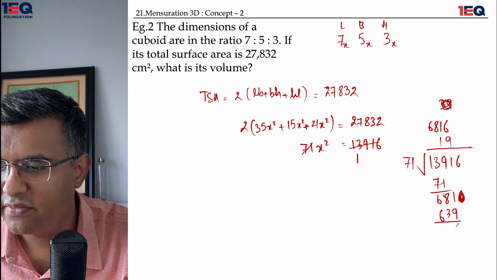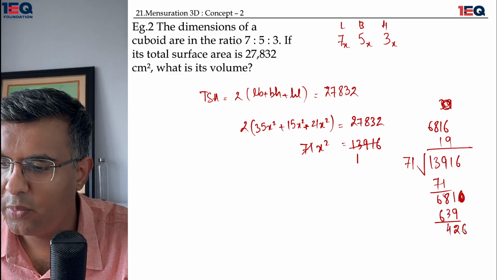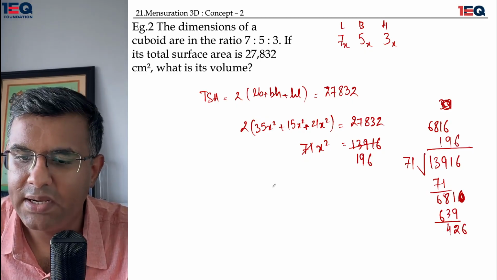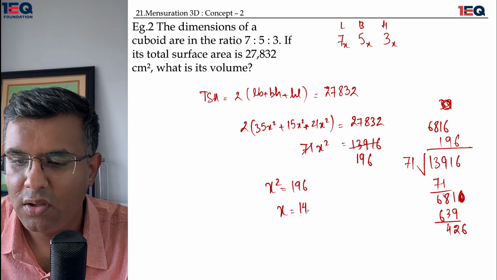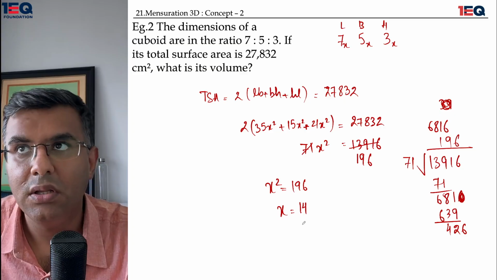I would be left with 2 here and 4 here. 426, 196. So I get 196 here. If the value of x square is 196, the value of x would be 14.